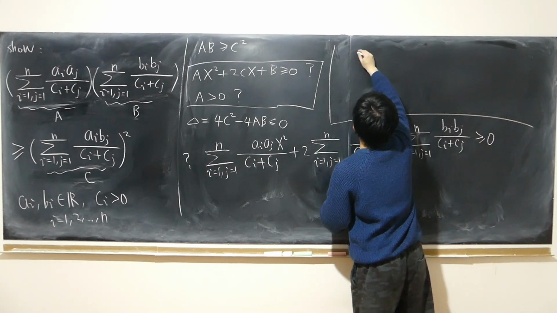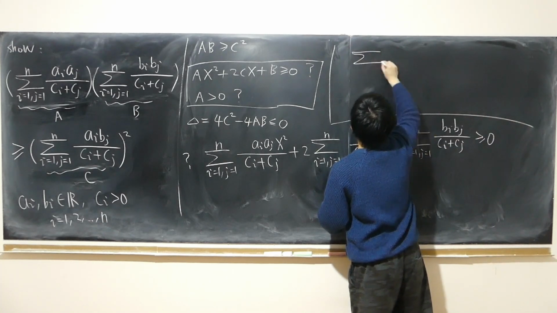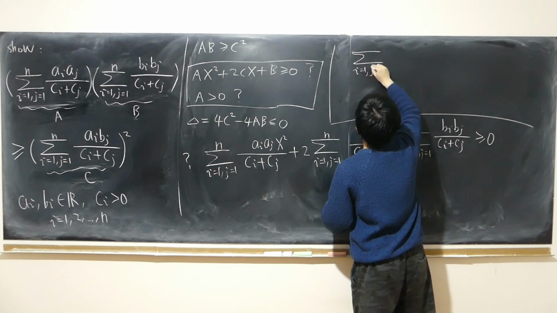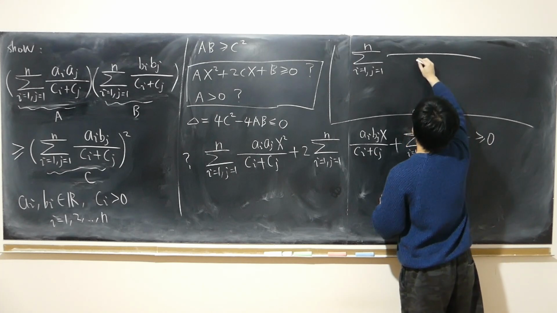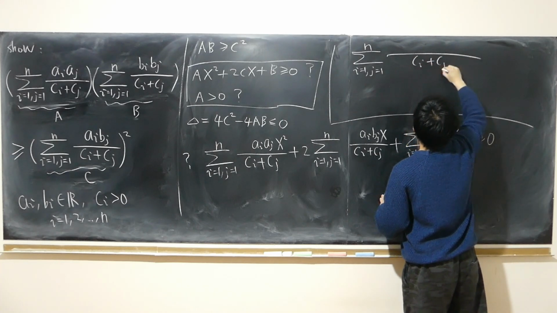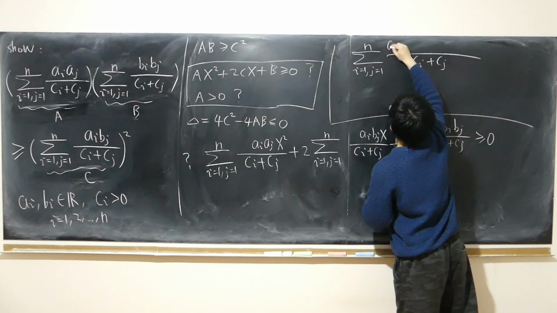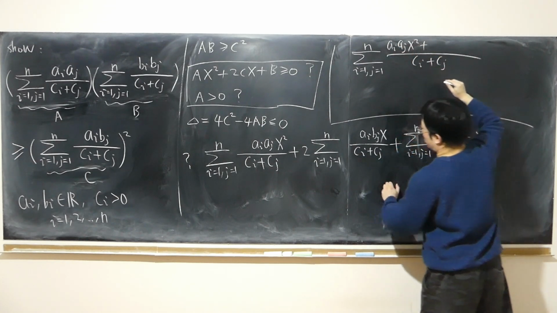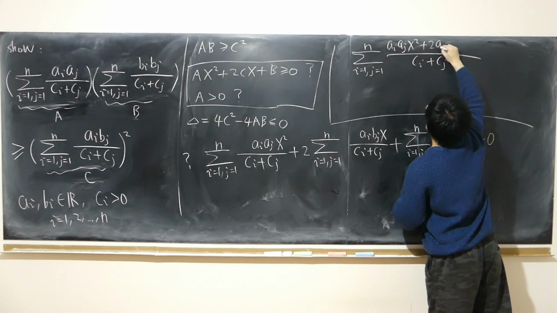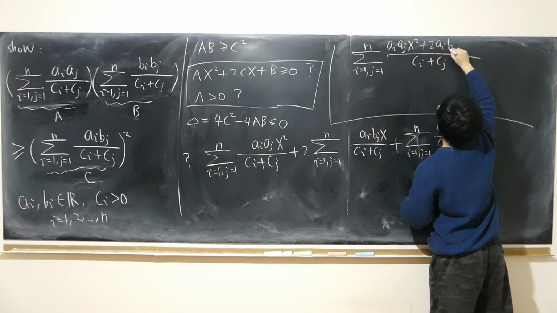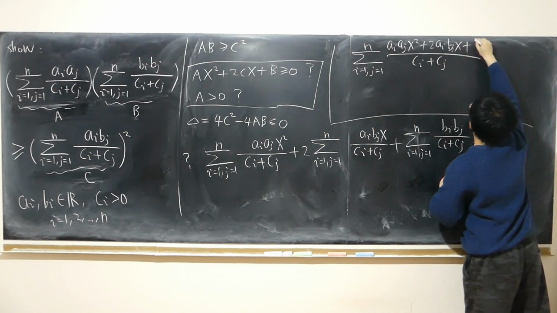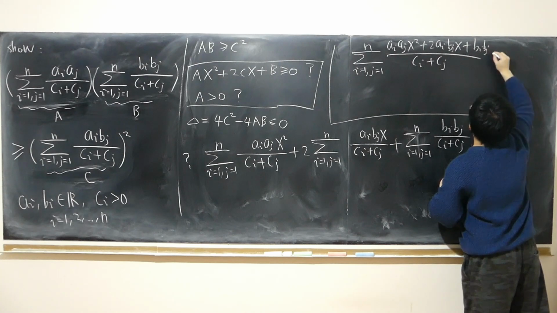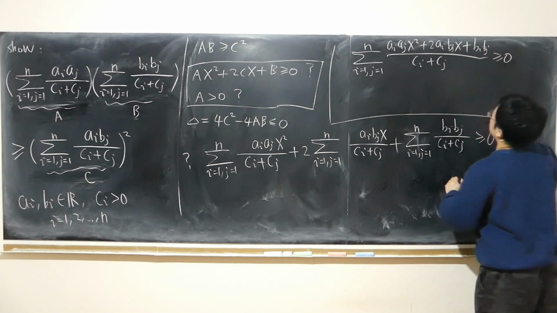Right, so, like I said, double sum, general term, add them up. 1 over ci plus cj, ai aj x squared plus 2 times ai bj times x plus bi bj. Right? Is it always non-negative?